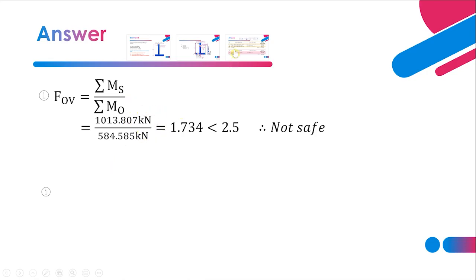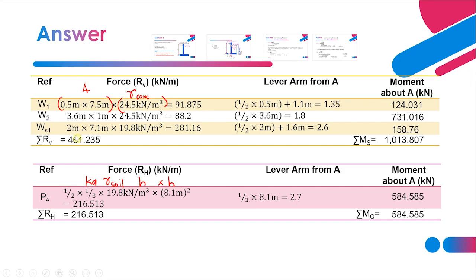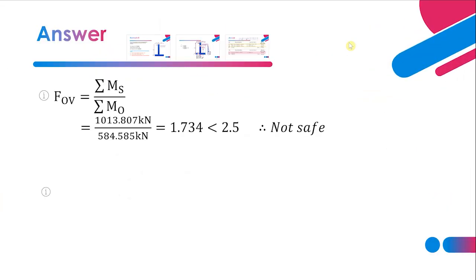Just put in as appears here. Stabilizing moment is 1000 something and overturning moment is 584 point something. Put these values inside here and you will get 1.734.